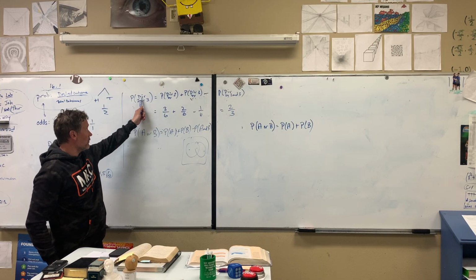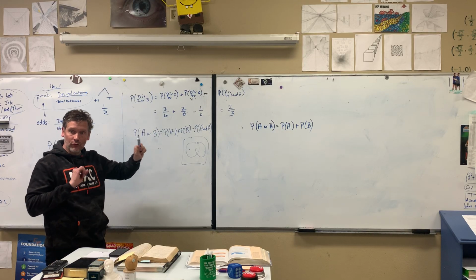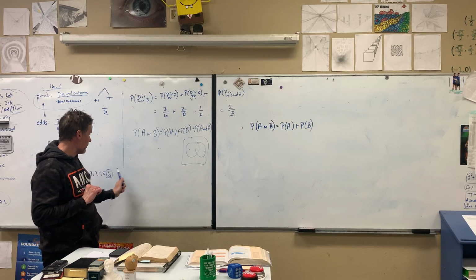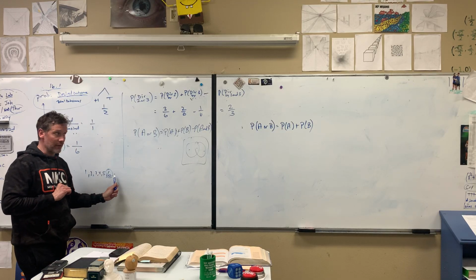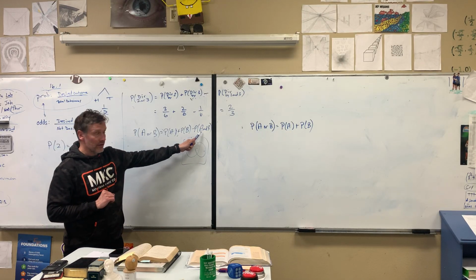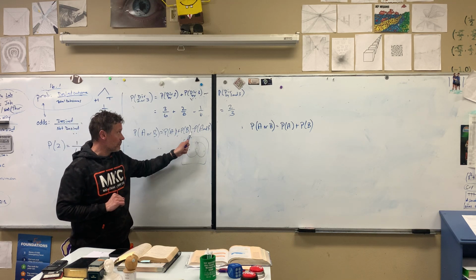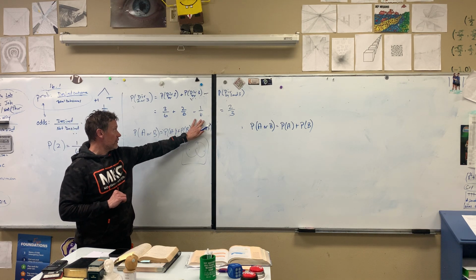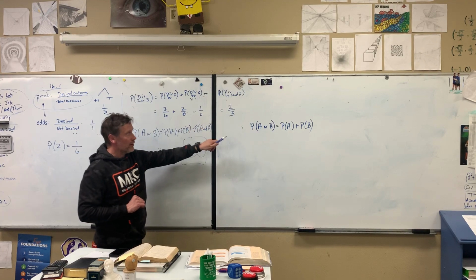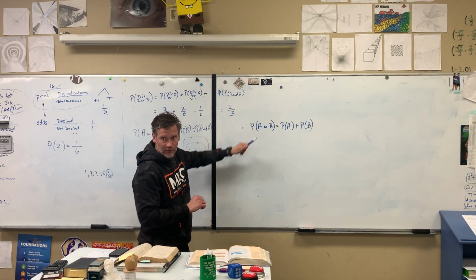So in this example, divisible by 2 or 3, those are not mutually exclusive because the number 6 is divisible by both of them. Therefore, you follow the subtraction. But if there is no overlap, you eliminate the subtraction and it would be just P of A plus P of B. Therefore, this is called mutually exclusive.